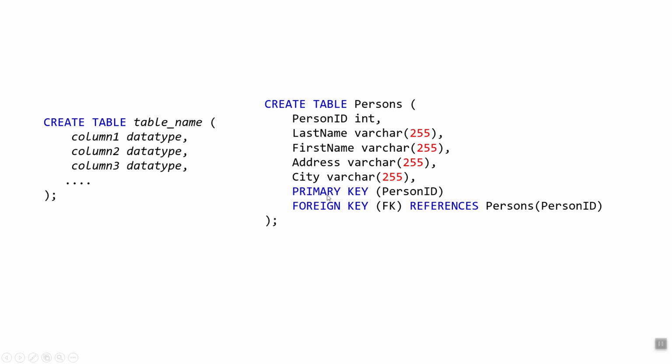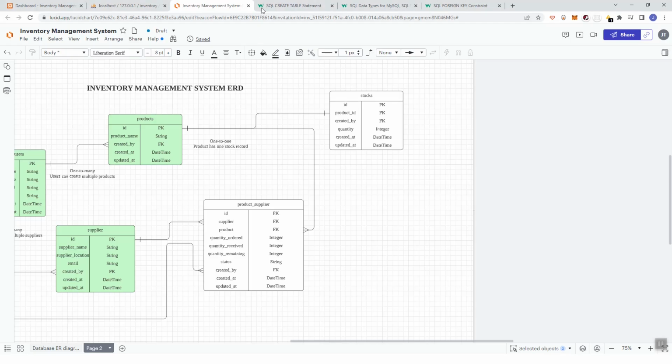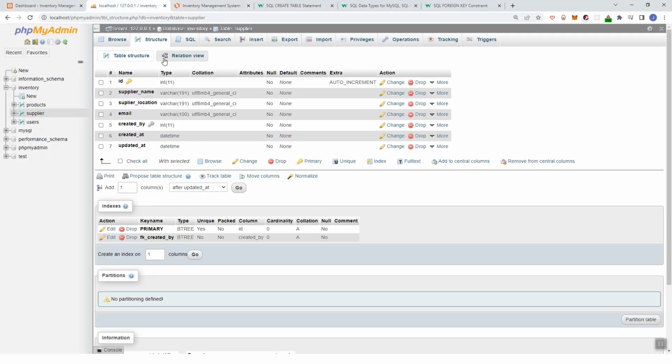Then here we have the constraints, so if it's a primary key then we need to use this one. Then the name of the column, which is the key, same thing with foreign key. And then of course for foreign key you need to specify which table the ID belongs to.